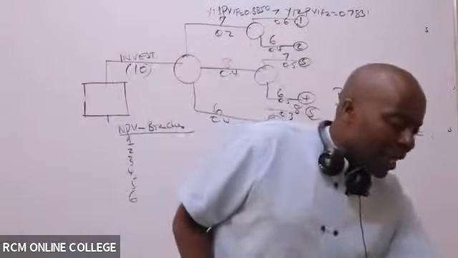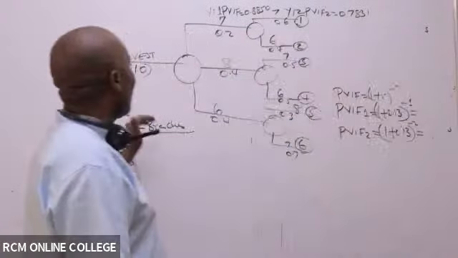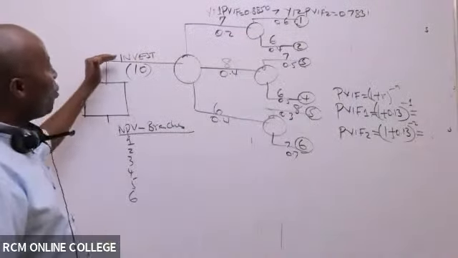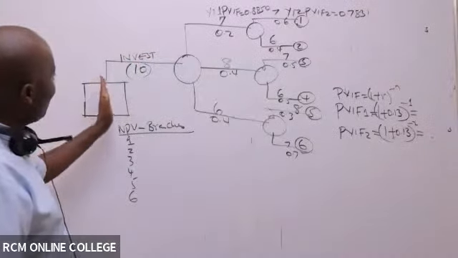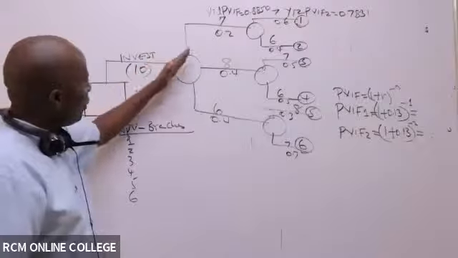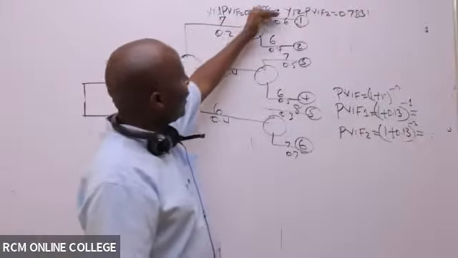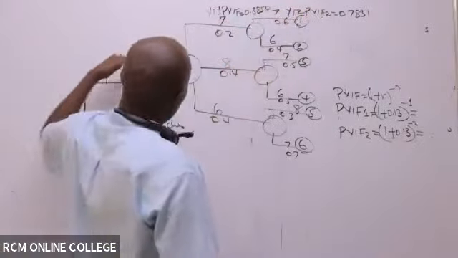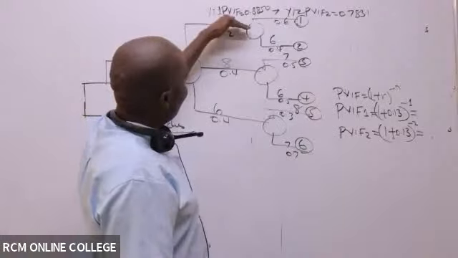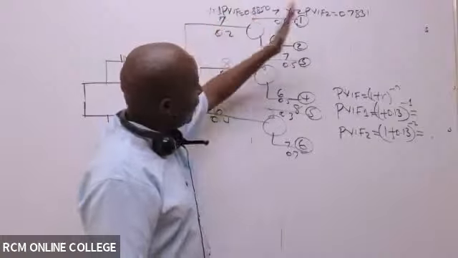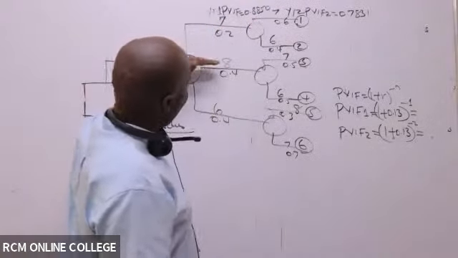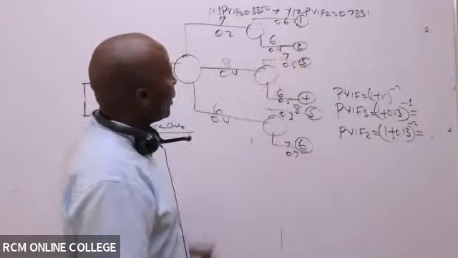Remember, you follow a branch like you would follow a route, like a Subaru vehicle. Branch 1, I follow like this; branch 2, like this; branch 3, like that. So we start with branch 1.